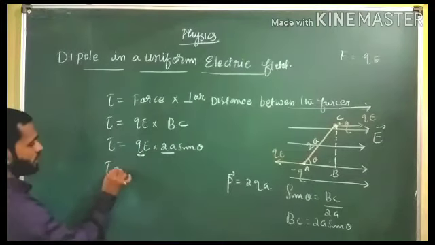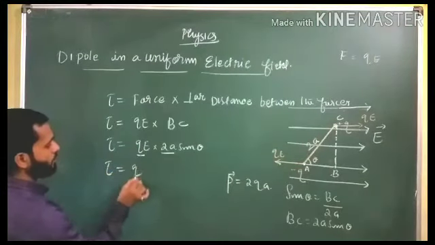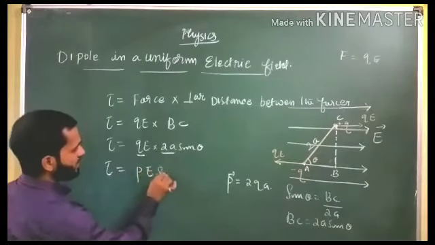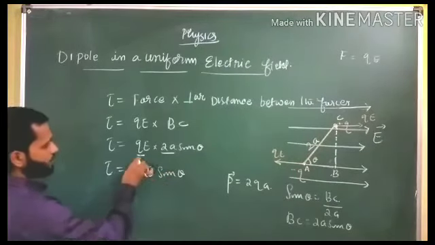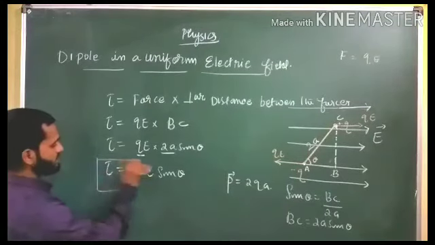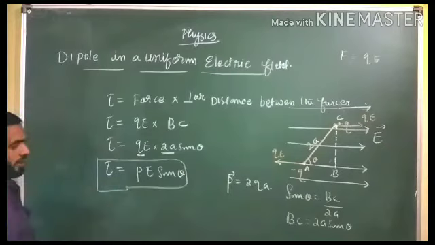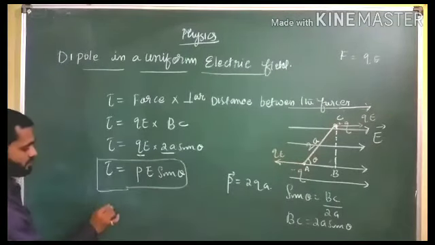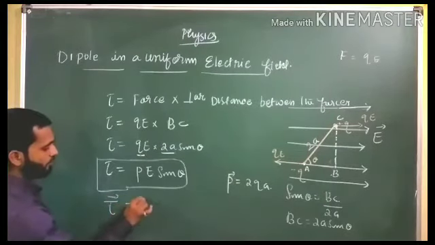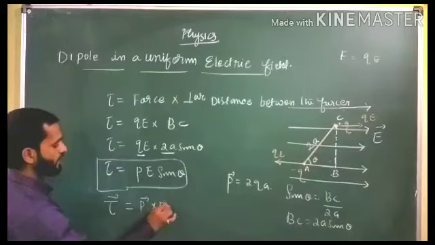So here the torque will be equal to p E sin theta. Now this is our required equation for the torque. Now listen, students. If you represent this equation using vector notation, then vector torque will be equal to vector p cross vector E.